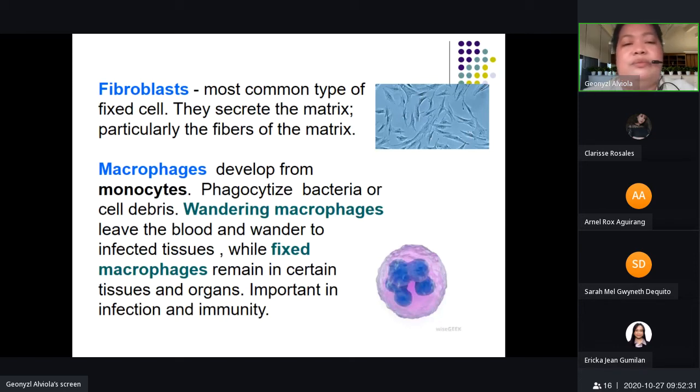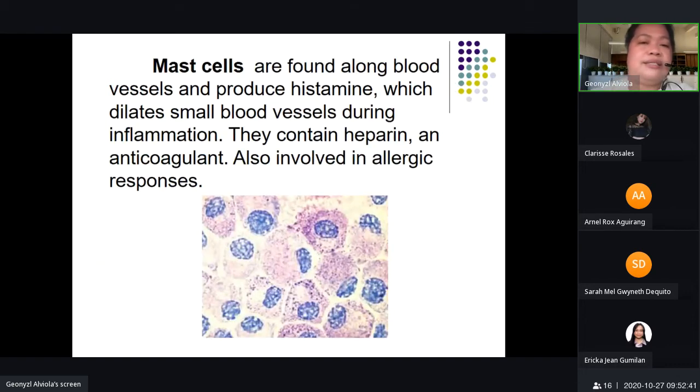Macrophages develop from monocytes and phagocytize bacteria or debris. These are wandering cells. Mast cells are found along blood vessels and produce histamine, which dilates small blood vessels during inflammation. They contain heparin, an anticoagulant, and are also involved in allergic response.